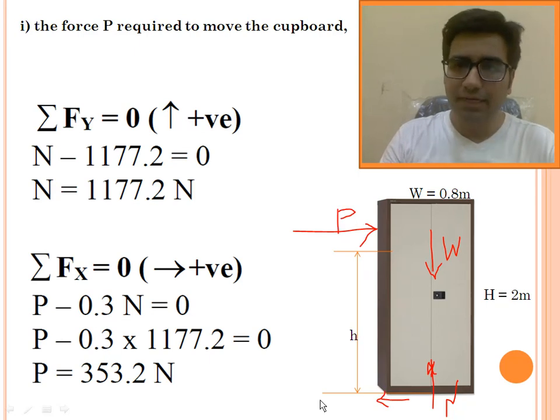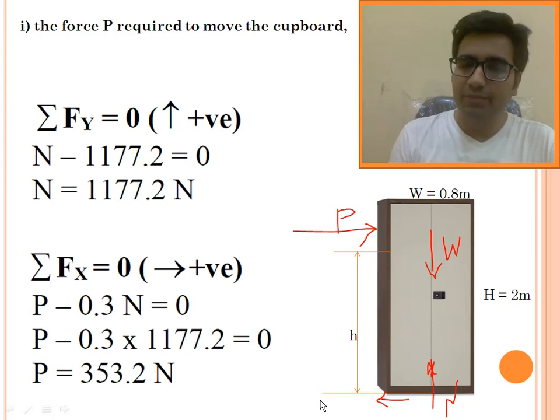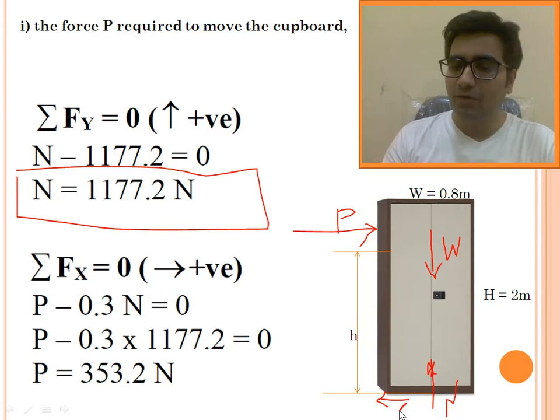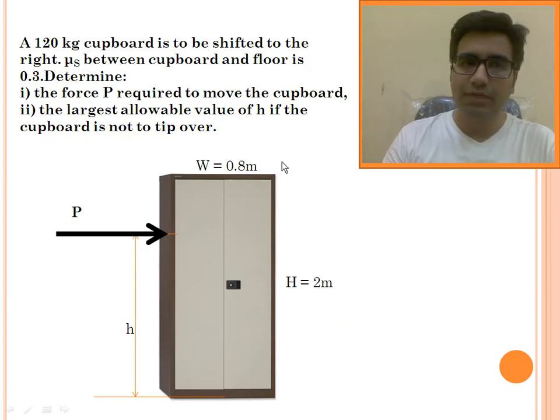We have done this in a previous numerical where we saw there were four forces. With the help of that, we get N equals W, and 120 into 9.81 is 1177.2. So we got the normal reaction on the cupboard as 1177.2 Newton. Is that okay? When we apply the force, the cupboard experiences a frictional force, and the coefficient of friction is given as 0.3.